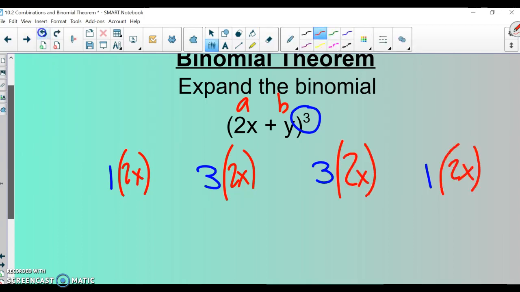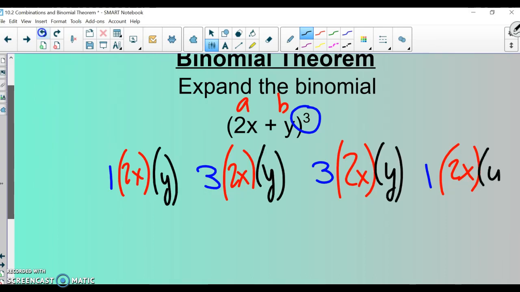And then I'm going to do the same thing with the b term. I'm going to write that right after each of the numbers in red that I just wrote, each of the a terms. So it would be y, y, y, and y. This is exciting, I know. Now, to the a term, the first a term, this 2x, I'm going to take it to whatever power my exponent is.